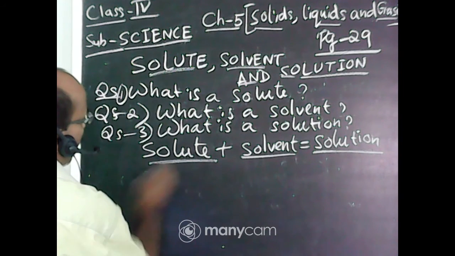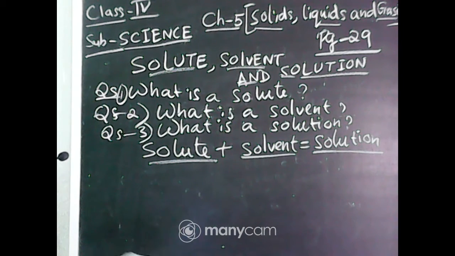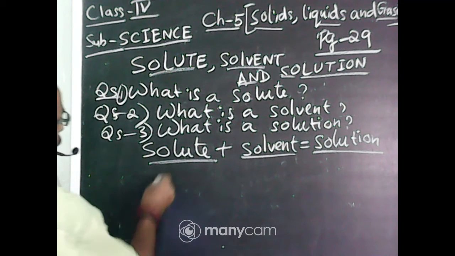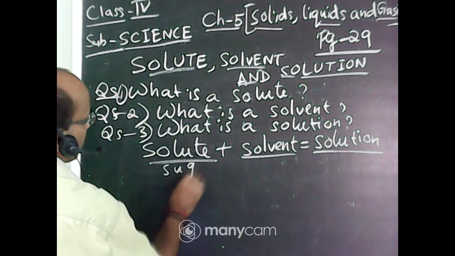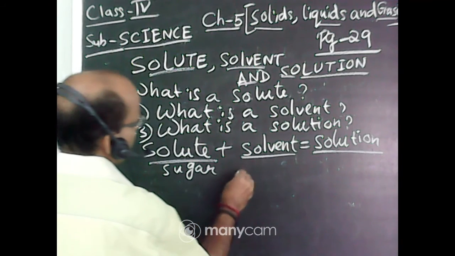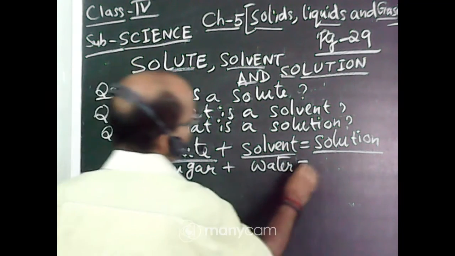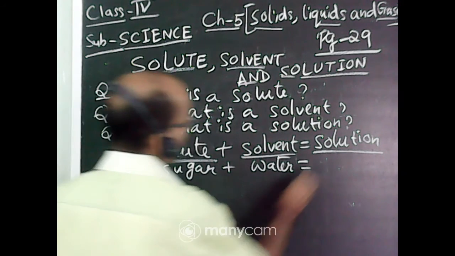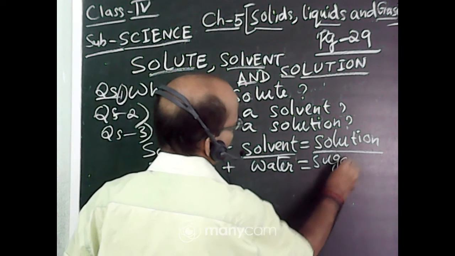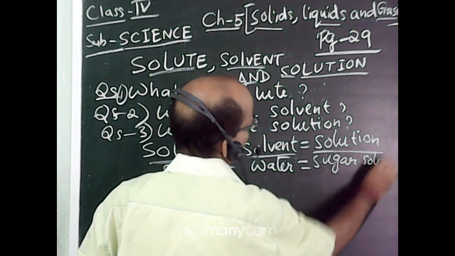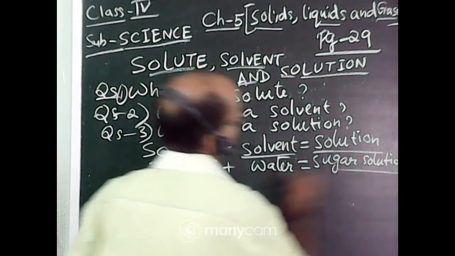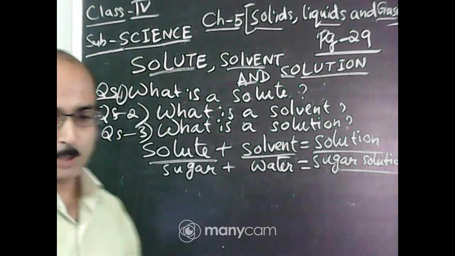Solute, I have explained to you in that activity, that sugar is dissolving in water. So solute is that sugar, solvent is water. So sugar plus water equal to sugar solution. I can write. Okay. This you can write.